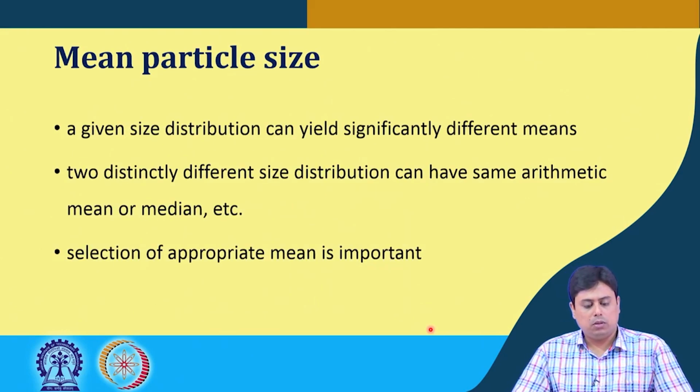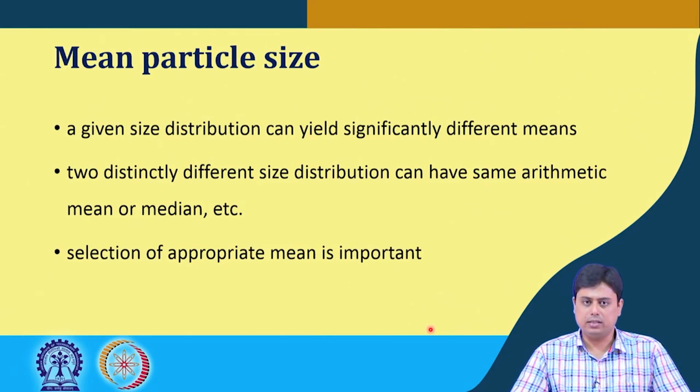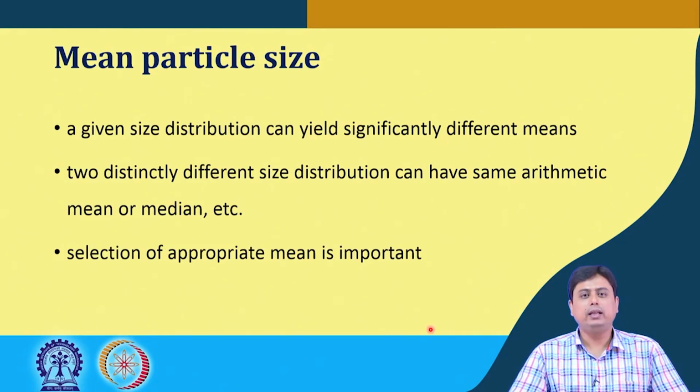So, by doing this, you should understand that a given size distribution can yield significantly different means. A particular curve can give you different mean values.